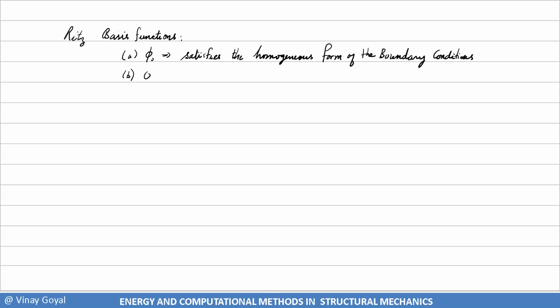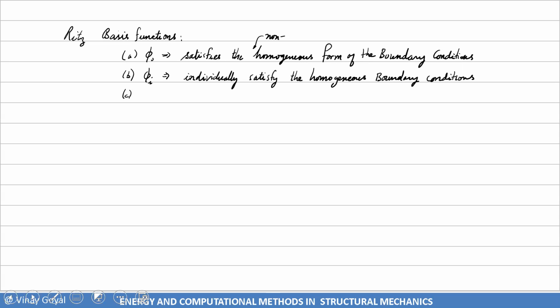B, phi i's are selected in a smart way. They need to individually satisfy the homogeneous boundary conditions. And what I meant to say here is non-homogeneous. I apologize.